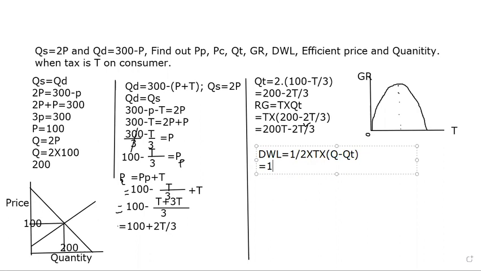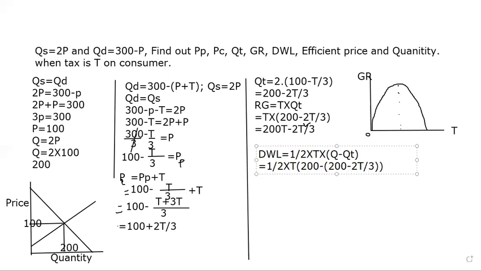So deadweight loss is 1/2 plus T times Q. We have Q as 200 here. So 200 minus Q2 equal to 200 minus, and right now it will be plus, so we can put another parenthesis here, minus 2t by 2.